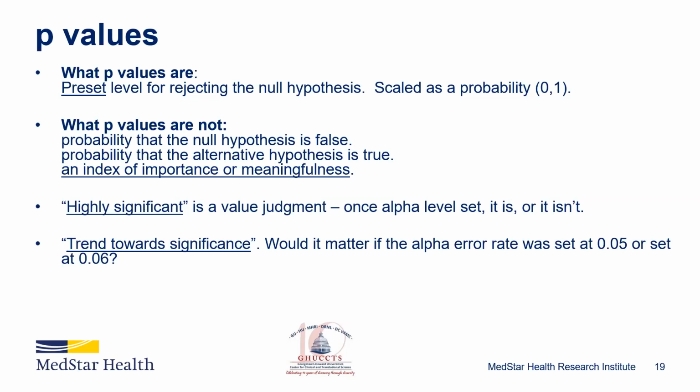So if you've set your alpha error rate at 0.05 or 5%, and it turns out you get a p-value of 0.06 in your study, then it's not significant. But people like to think because it's really close, it's like a trend towards significance. But of course, the question is, would it matter if you had set it at 0.05 or 0.06?